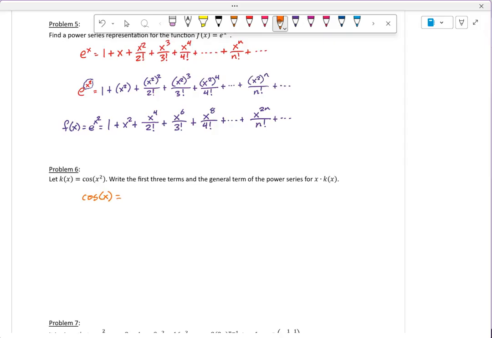What is that power series? Then, what is cosine of x squared, similar to our e to the x? What is that power series? Once we have that, then we should be able to do x times cosine of x squared, which is our x times k of x. All right, so go ahead and try that one out as well, and we'll check in a couple minutes.